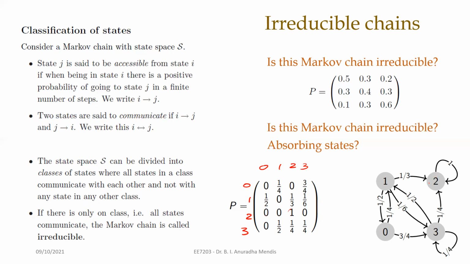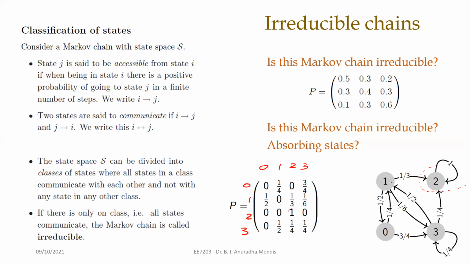So if you are at this state, you will always be there. We call that being absorbed. So we call this state 2 an absorbing state. When there is an absorbing state, the Markov chain cannot go to another state. So then actually this is a separate class.